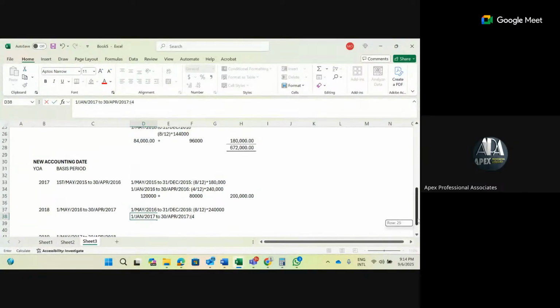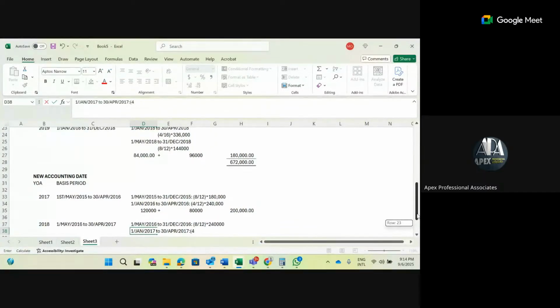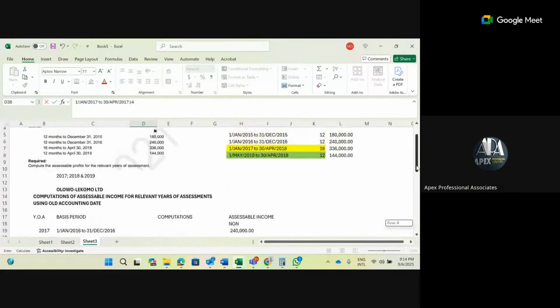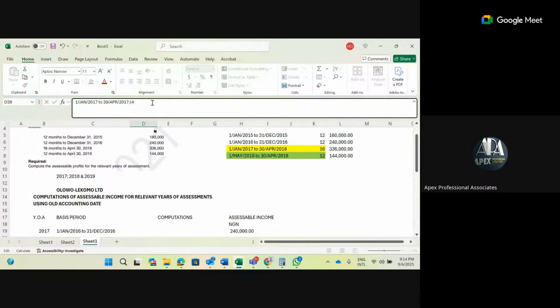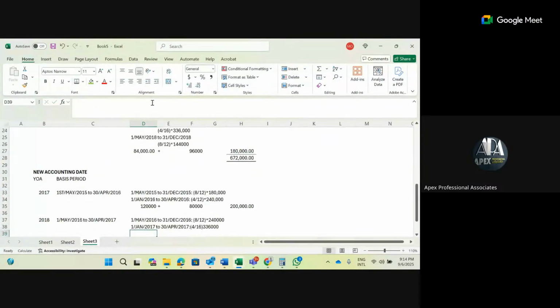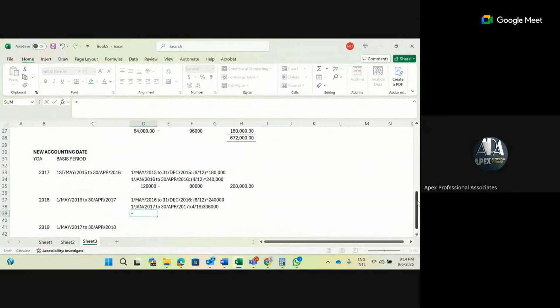Where are we now going to get it? We are going to get it in this period of profit of 16 months. So that means we are doing 4 divided by 16 times 336,000 naira.